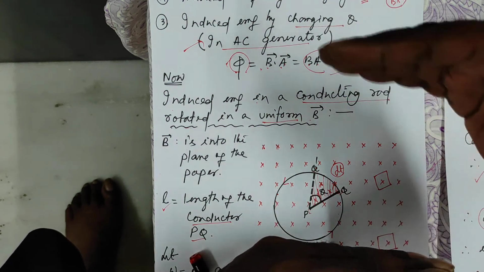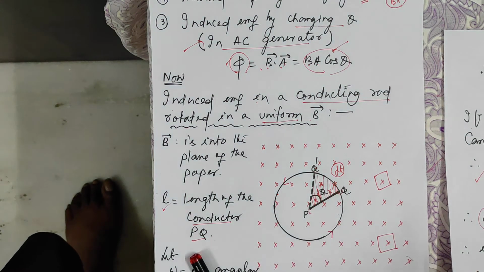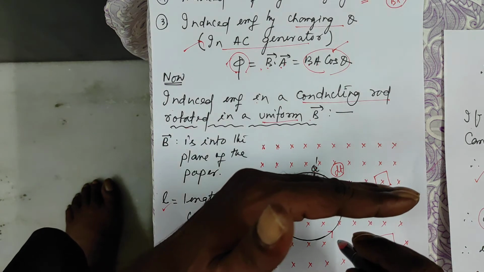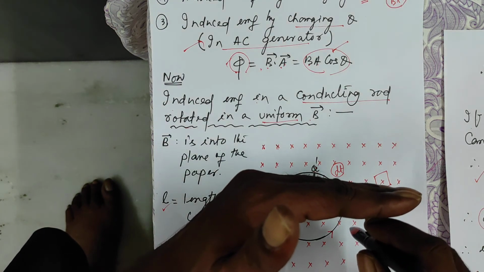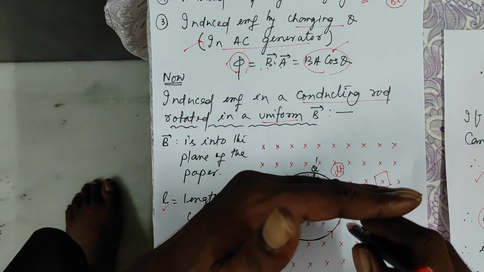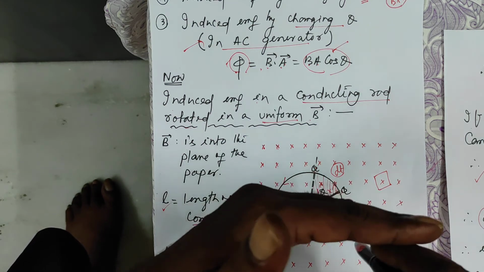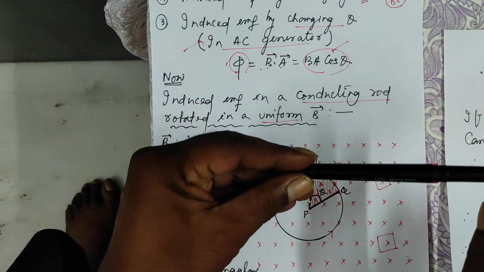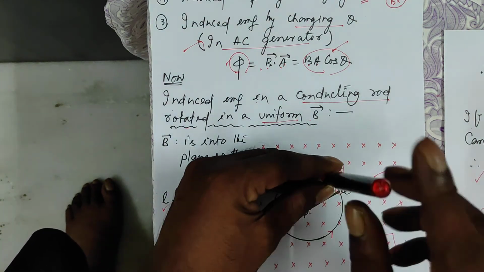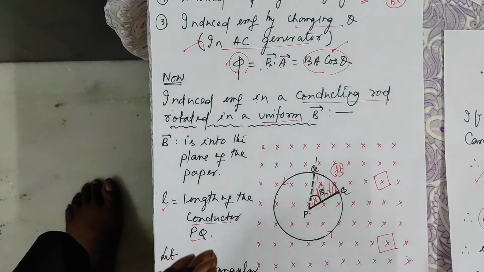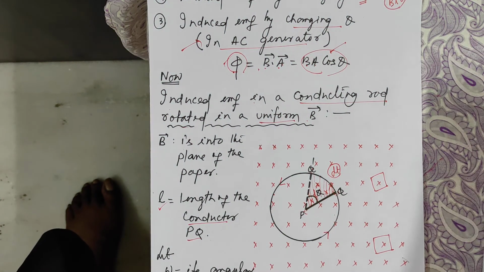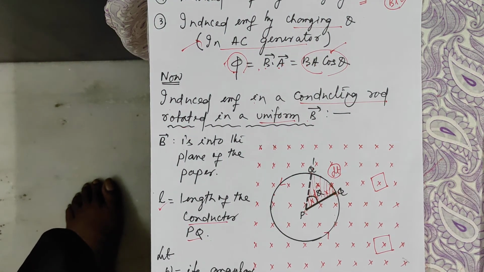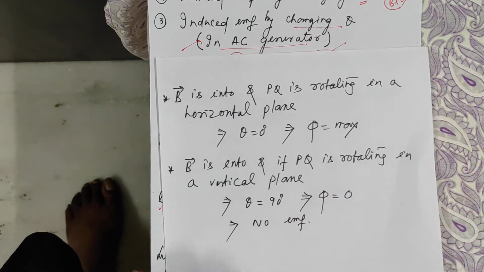This area vector is to this side, and the magnetic field is into the plane. So the angle between the area vector and the magnetic field is 90, then the flux is 0. So it is creating area if the rod PQ rotates in a vertical plane, but theta is 90 degrees, so the flux is equal to 0. That is what you have to imagine.